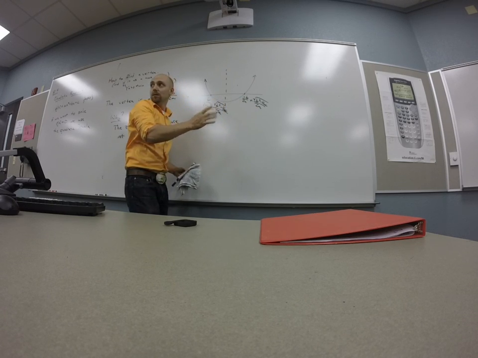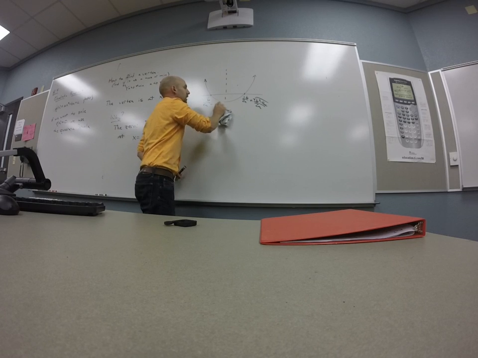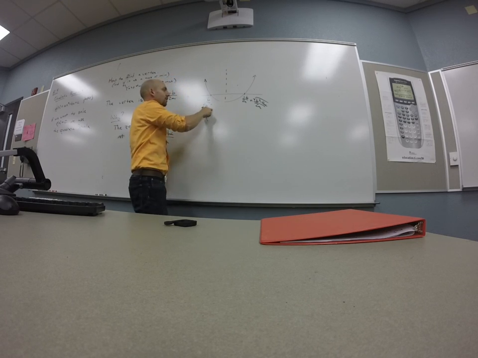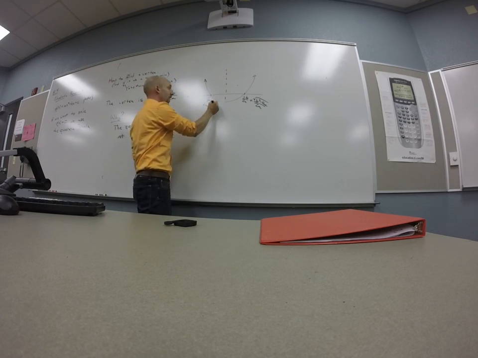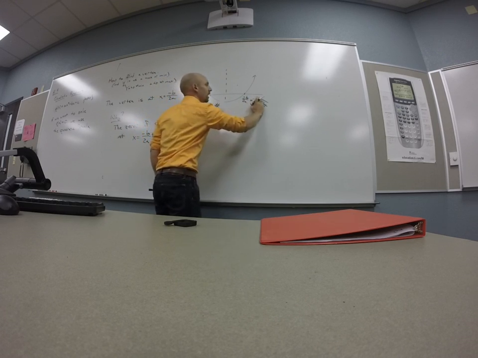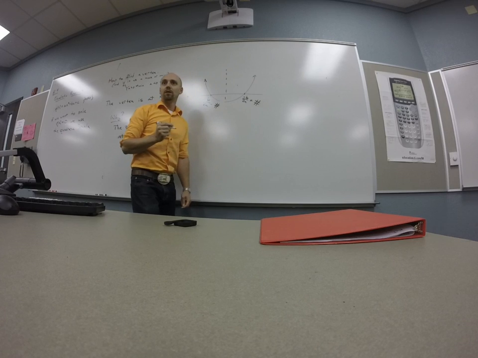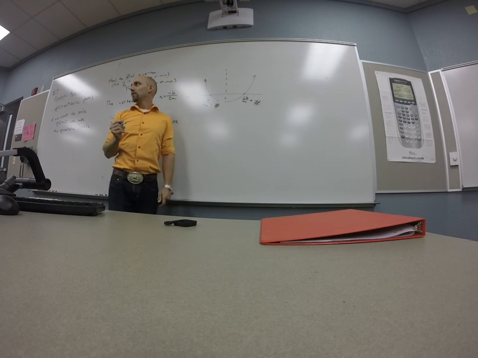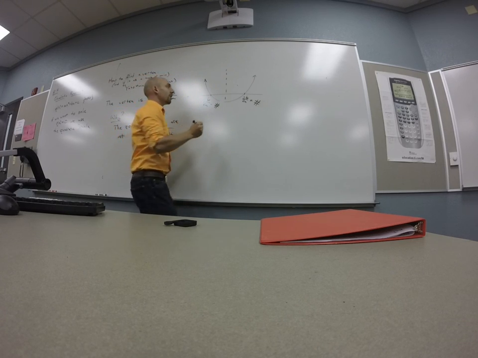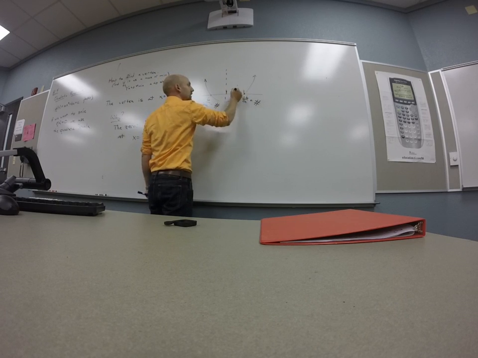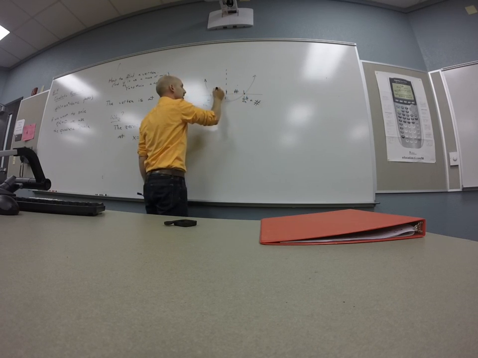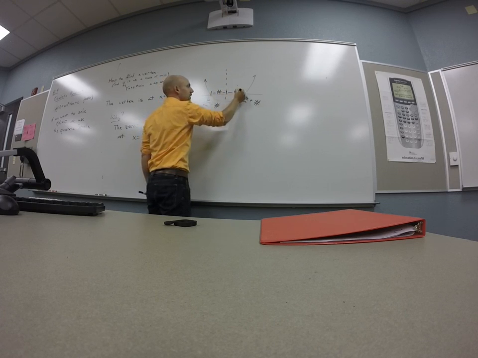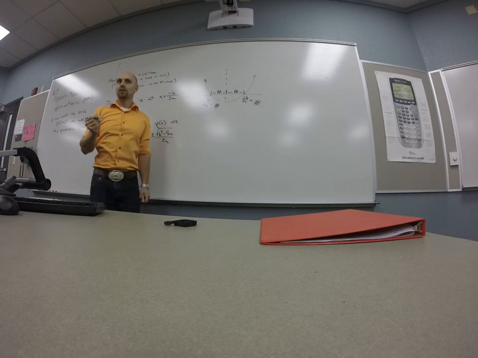So let me just think about this as, this one happens at negative b over 2a minus a number, and this one happens at negative b over 2a plus a number, right? You see that? That really means, if I think about this distance, that's the number. Okay, see that?